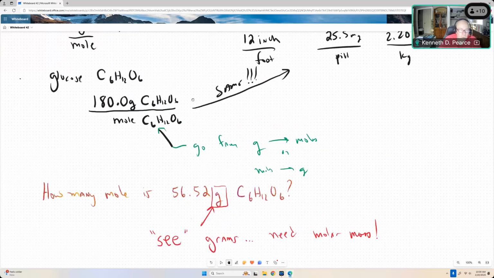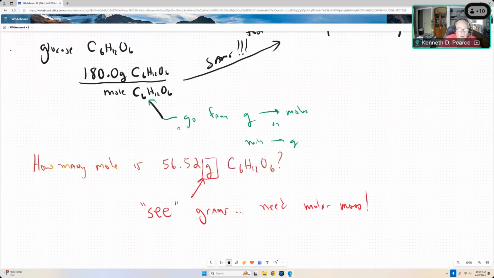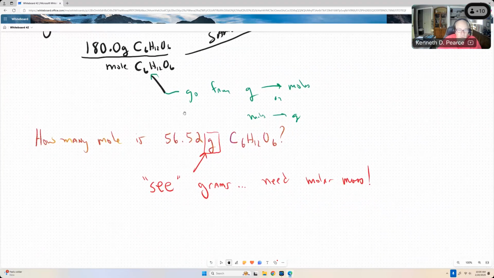Anytime you see grams, what do you need? You need the molar mass. Now, turns out we already got the molar mass, so you just write it down.